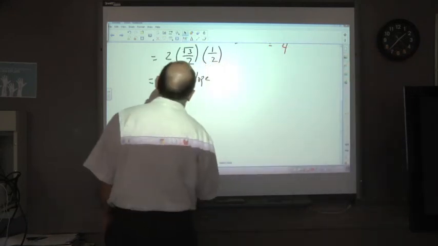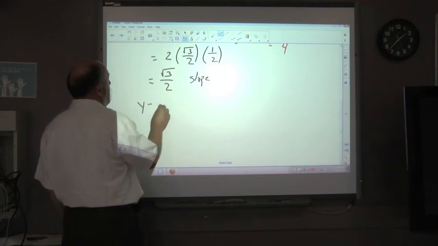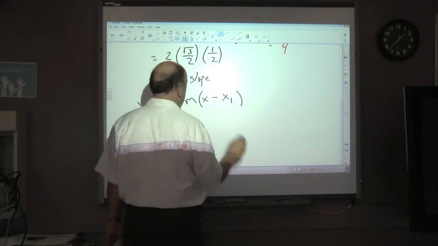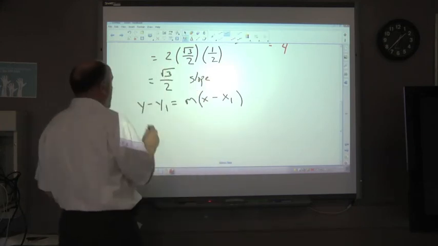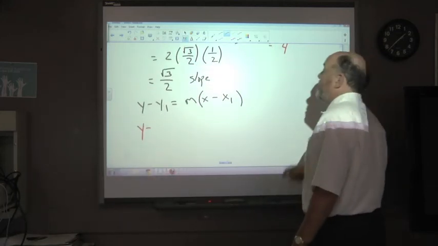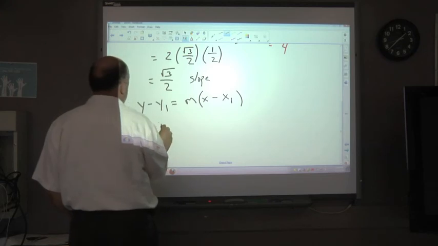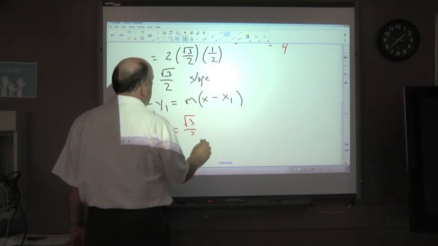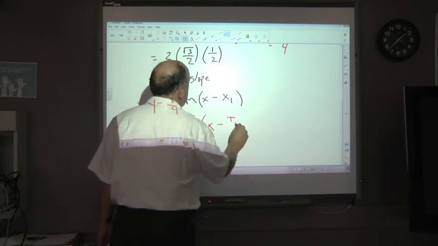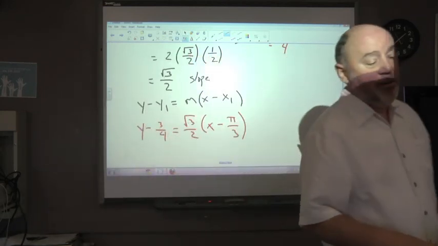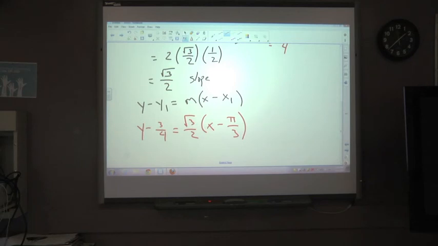So if we go back to our equation of a line, y minus y1 equals m times x minus x1, we can get our values. So we got y minus my y1, which we said is going to be 3/4, equals my slope, which is the square root of 3 over 2, times x minus pi over 3. And that would be the equation of the tangent line at that particular value.